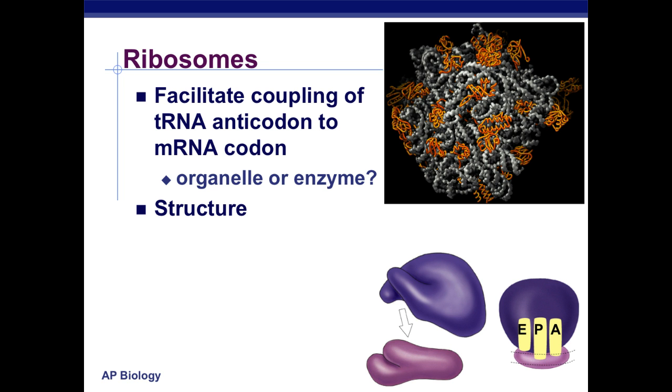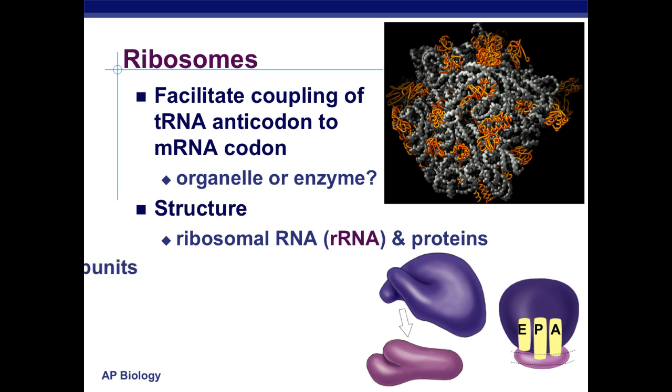But if you're defining membrane-bound organelles, a ribosome does not classify. So the structure of ribosomal RNA or rRNA and proteins has two subunits. You have the large and the small. The top is the large part and the bottom lighter purple is the small.